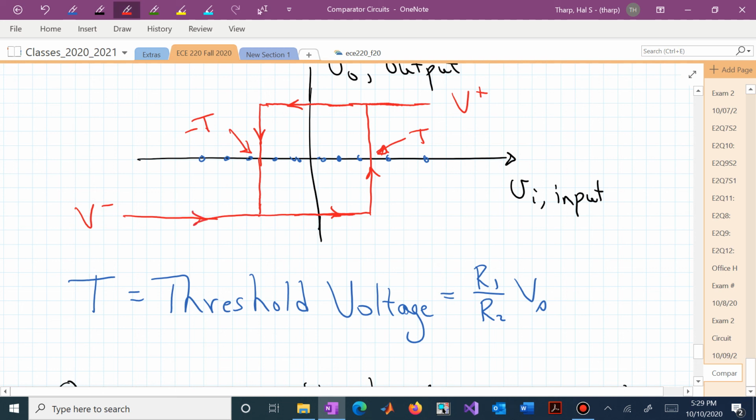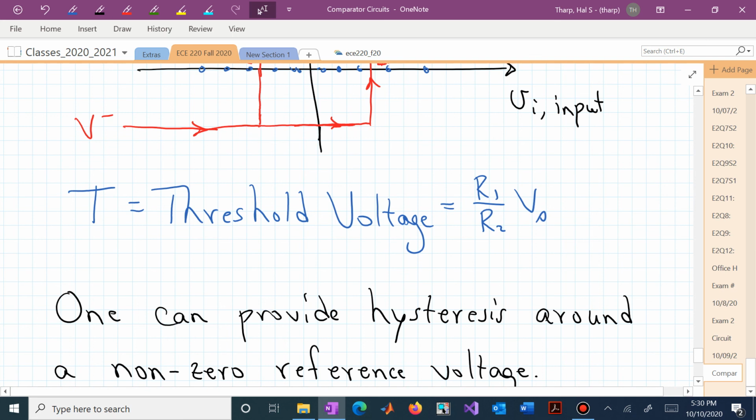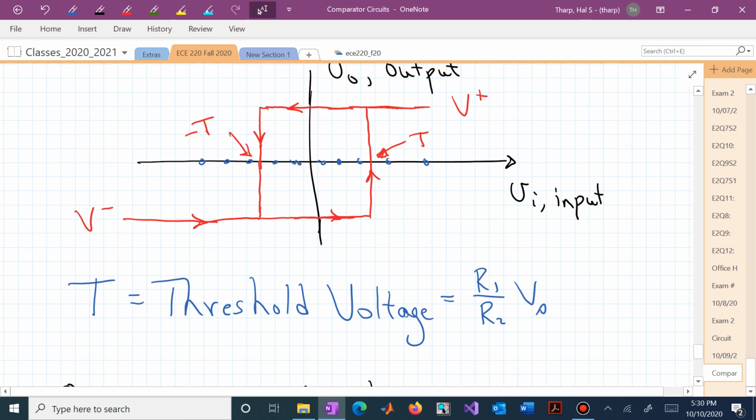If you're coming in this direction, then you continue past 0. Remember, our reference voltage in this example was equal to 0. We go beyond 0 before we actually transition into V plus. And this, in fact, will keep us from chattering back and forth. Now if our noise on V sub I remains in this region, then we are not going to be switching back and forth between V plus and V minus.